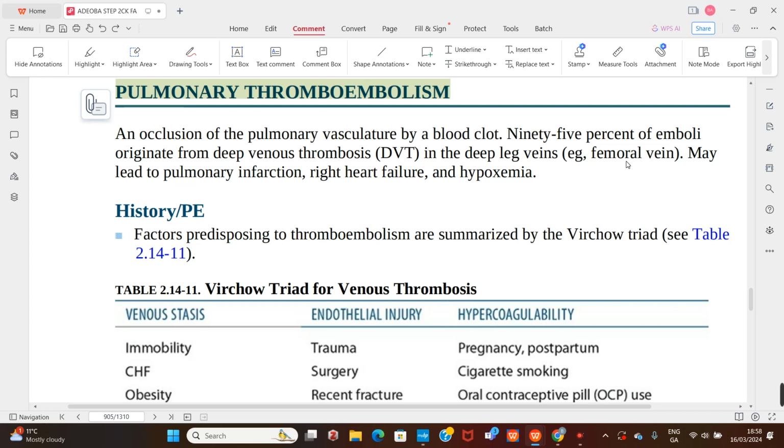But if one arises from the iliac, there's a very high tendency of it traveling to the lungs. So it can lead to pulmonary infarction due to ischemic necrosis, can lead to right heart failure, particularly when it's very massive, and eventually it can lead to hypoxemia because it's going to decrease surface area for gaseous exchange.